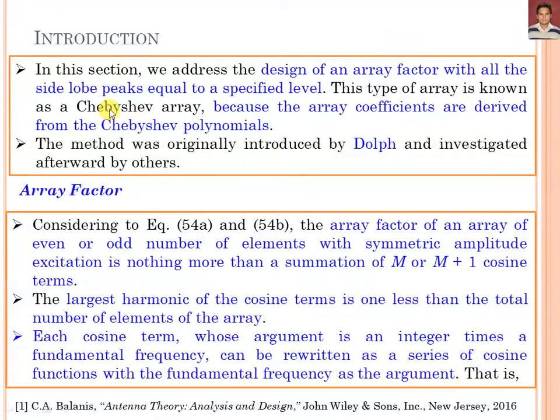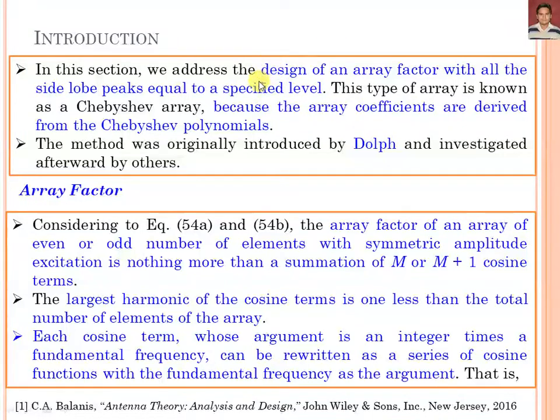In this section, we address the design of array factor with all the side lobe peaks at a specified level. As we have discussed in the previous lecture about the broadside array and binomial array, and we have discussed some important aspects about beta, d, and psi, I mean progressive phase shift, and the array is uniform.